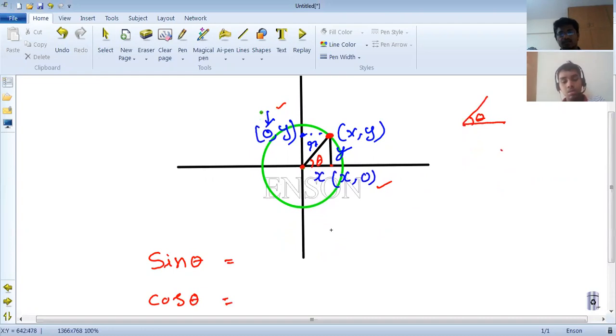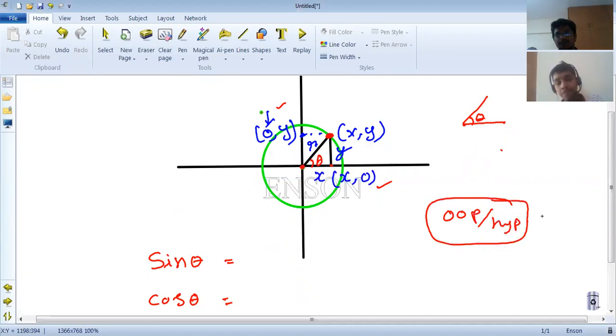Sine is nothing but, see here, the sine value will always be the y coordinate to the radius. Theta is always in radians. If you want sine, we have the formula opposite by hypotenuse. This is a very familiar formula, but how we get it depends upon the unit circle only.